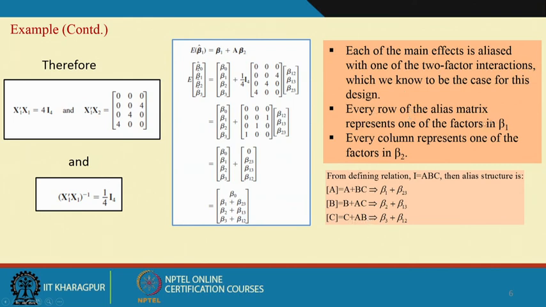Every row of the alias matrix represents one of the factors in beta 1, and every column represents one of the factors in beta 2. So, there are 4 rows for beta 1, that is the 4 factors, 4 parameters, and in the beta 2 case there are 3 interaction parameters. So, 3. Okay.